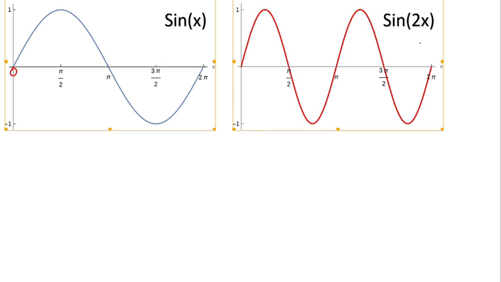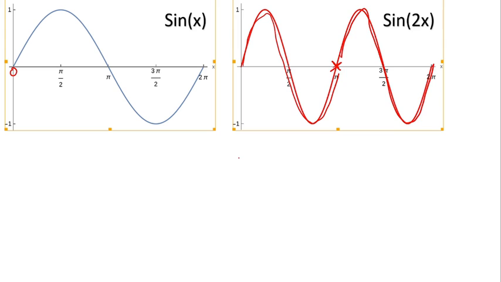But when you have sin 2x in the range 0 to 2 pi, there are two sines now. If I break it into two pieces like this, you will have the first sine here and then the second sine, as you can see here.